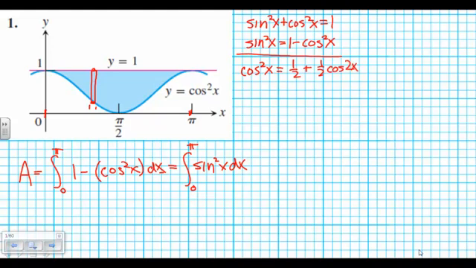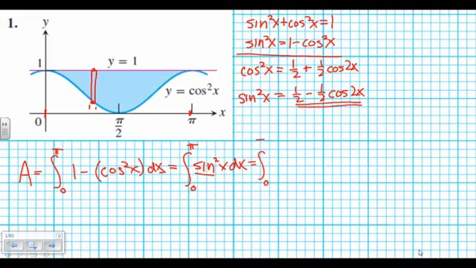That's not the one that we're going to use in this case, though. What we're going to use is the fact that sine squared x is equal to 1/2 minus 1/2 cosine 2x. If I see that, I know that this can be replaced by that, and I happen to know the antiderivative of that. So let's go ahead and make that replacement.